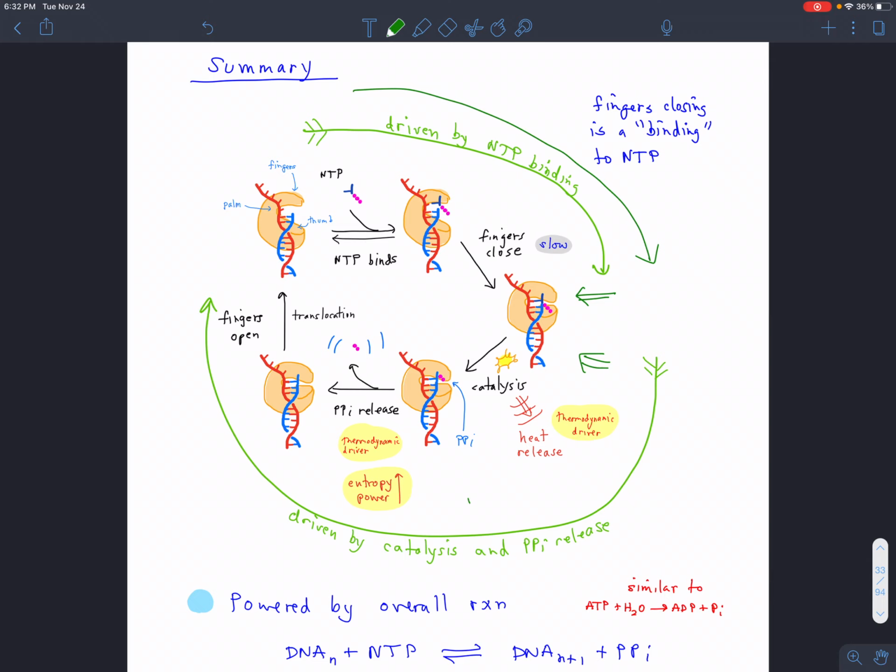And then you've got a new nucleotide incorporated, and the only thing left to do is get rid of that pyrophosphate and reopen the polymerase. So that's what you do. You get rid of the extra leftovers of the reaction. You open the fingers and you move the polymerase along the DNA, and that completes the turnover cycle.